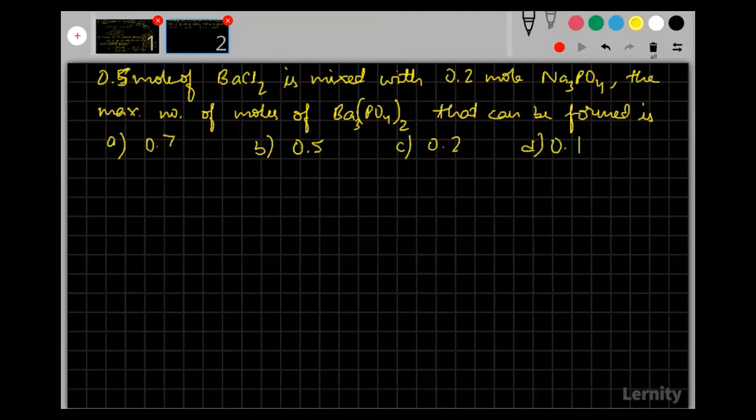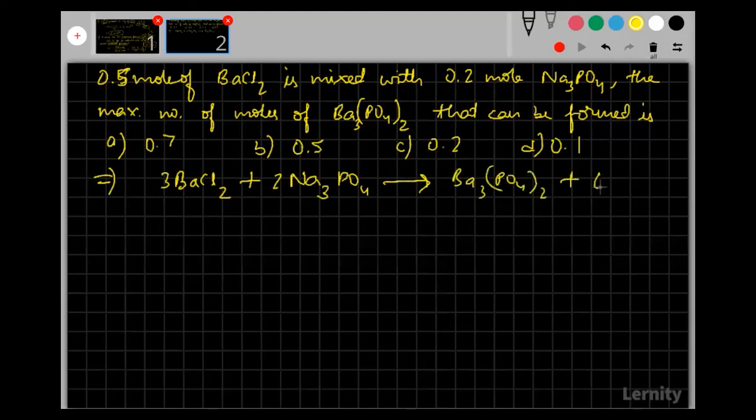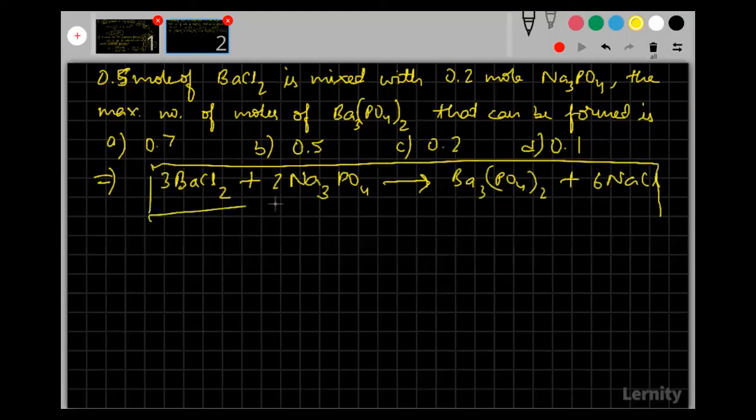Okay, guys, good. Most of you have started answering. So first of all, here stoichiometry plays an important role. We have to first write the equation: barium chloride plus sodium phosphate will be giving us barium phosphate plus sodium chloride. So this is the stoichiometric equation that you have got.